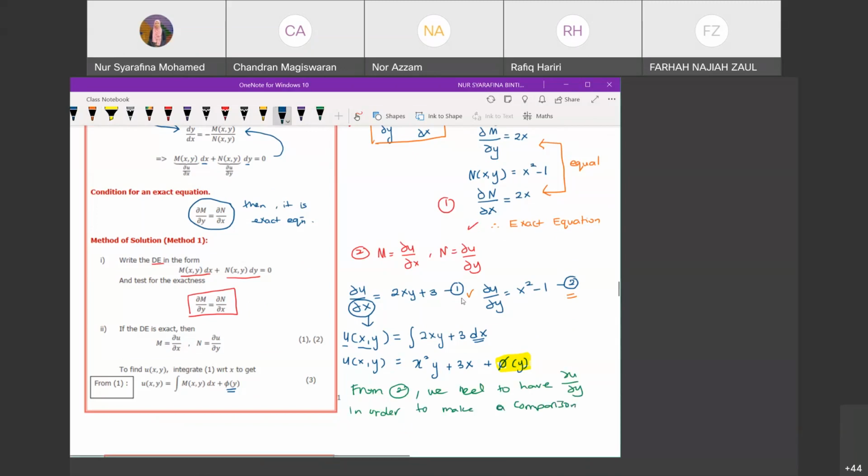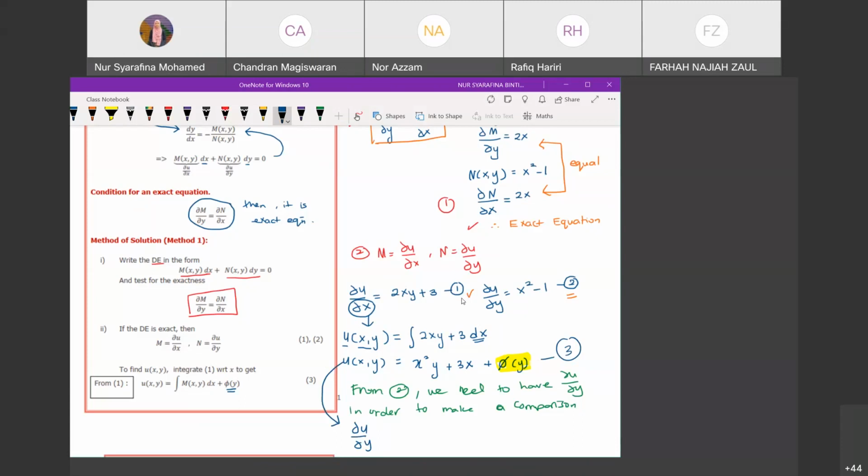So from the third equation, we can have del u del y. We can differentiate this u with respect to y because we want to make a comparison with the second equation.